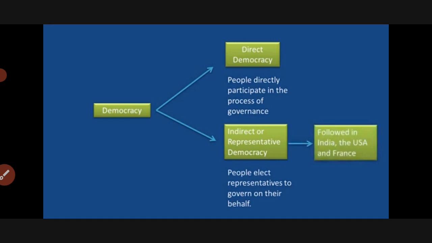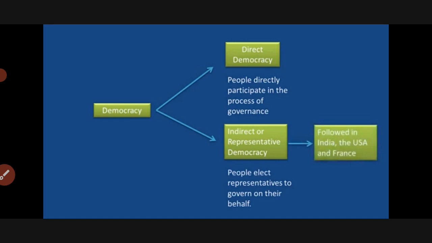You have also done direct and indirect democracy in your Zoom class. Direct democracy is where people directly participate in the process of governance. It means people elect the government and run it also.